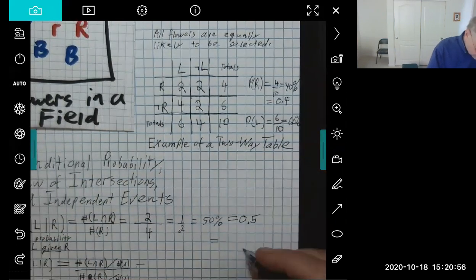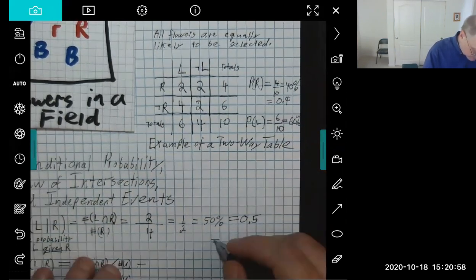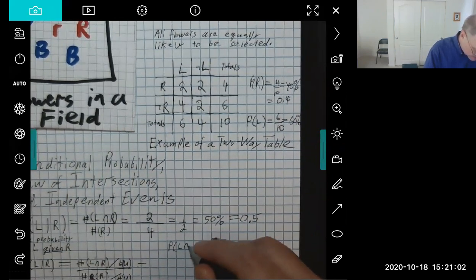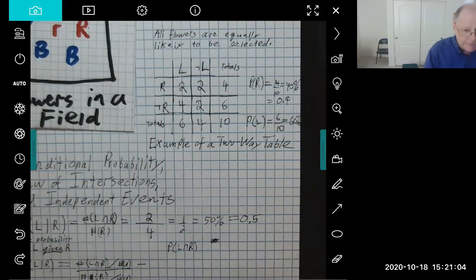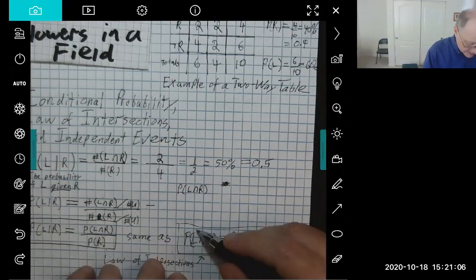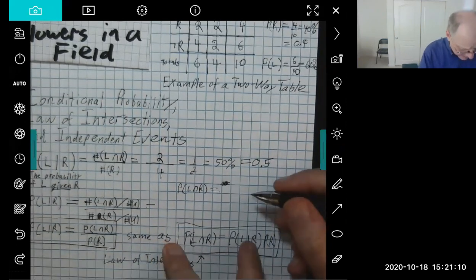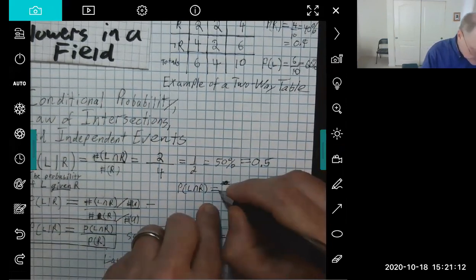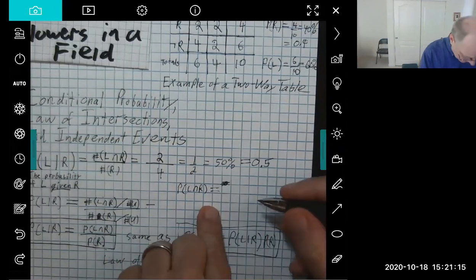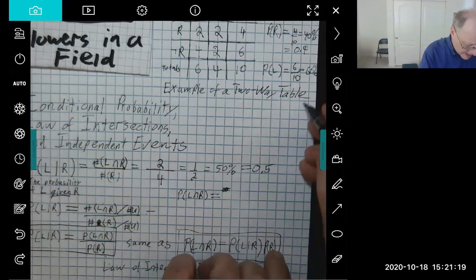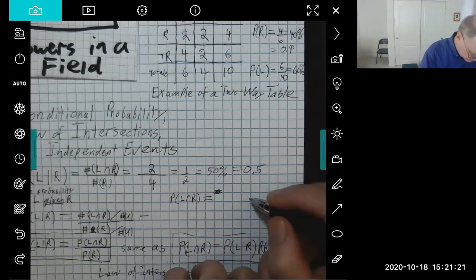Okay, so let's calculate the probability of L intersect R using this formula down here. What I'm doing this for is to show you the language, to show you how it works. Like P of R here, that was 40%.